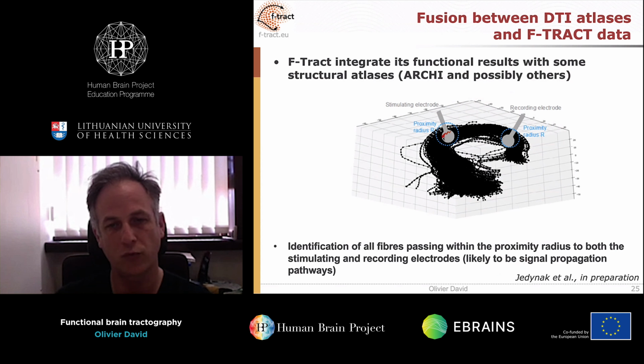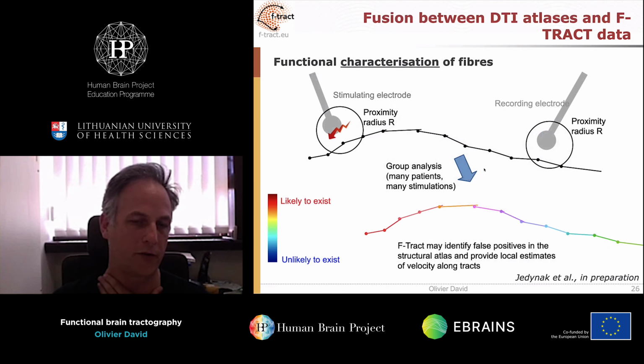If we want to map the dynamical property of that bundle, we detect all electrodes that were stimulating that bundle and all electrodes that recorded responses along that bundle. And instead of mapping the response to the cortex, we map the response to the bundles.